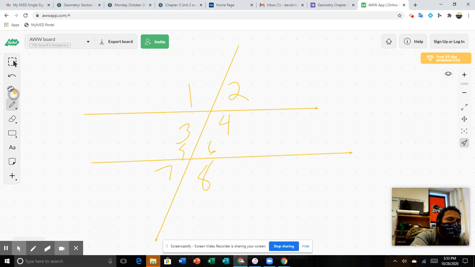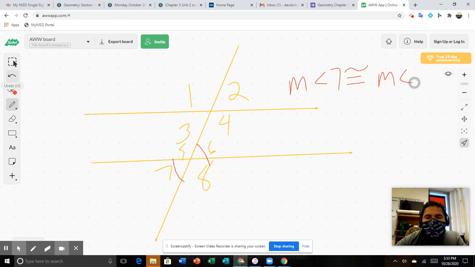Our vertical angles are the angles that are across from each other. That's angle 3 and angle 2. Those are vertical angles. Angles 1 and 4 are vertical angles. 5 and 8, 7 and 6. What's important to know is that vertical angles are congruent. Congruent means equal, by definition. So if the measure of angle 7 is congruent to the measure of angle 6, that means angle 7 is equal to angle 6.